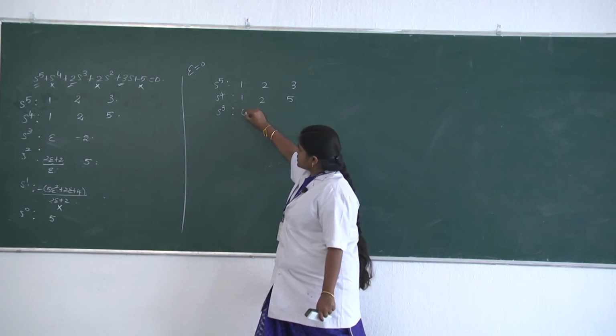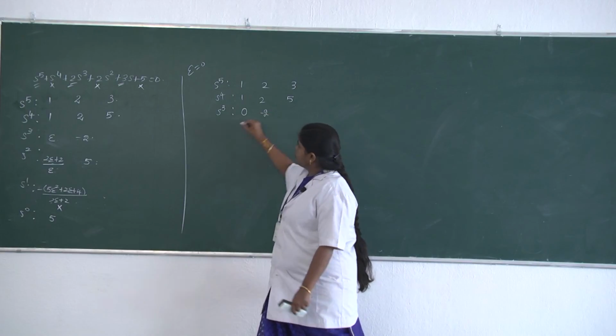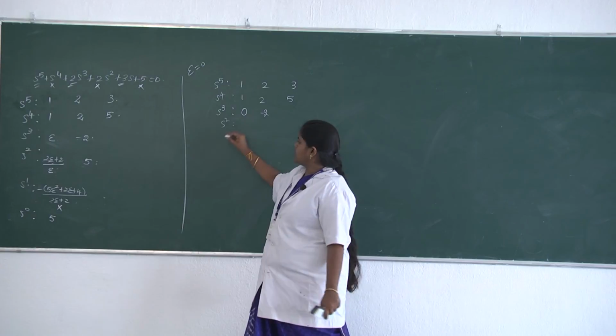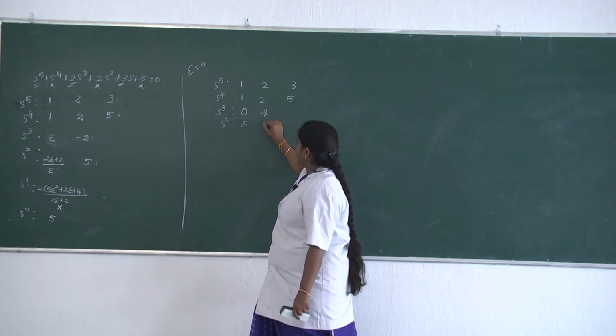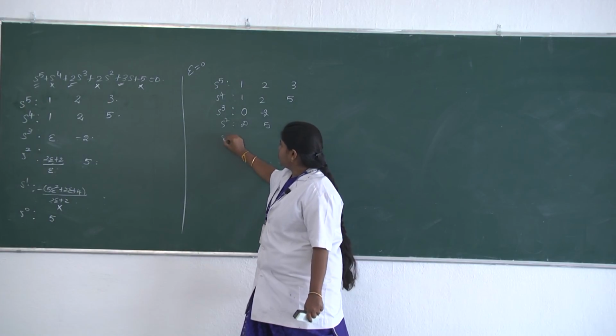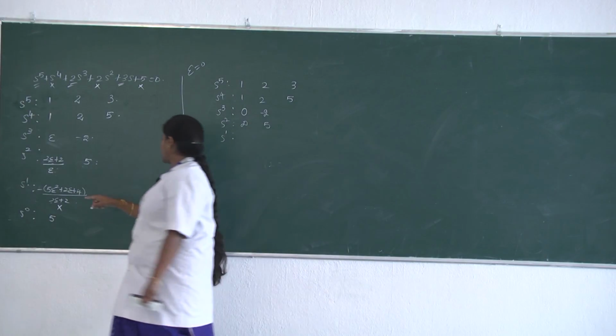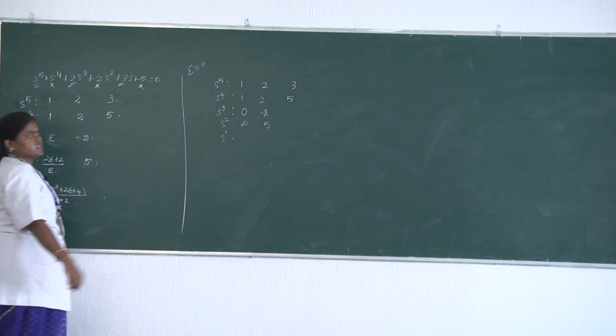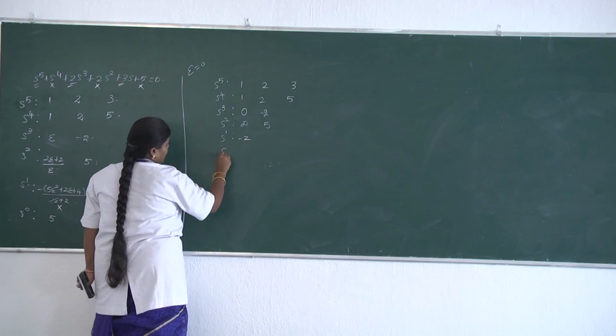So s power 3 is 0 and minus 2, then s square is 2 by 0, that is infinity, and 5, then the next element is minus 4 by 2. For s power 1, epsilon is 0, so minus 4 by 2, which is minus 2, and the last element is 5.